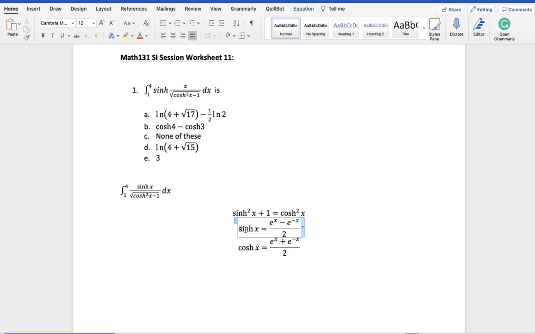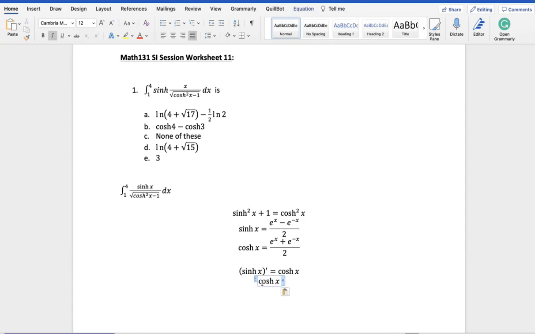And as you can see from these definitions, this implies that the derivative of the hyperbolic sine is just equal to the hyperbolic cosine. And the same works the other way.